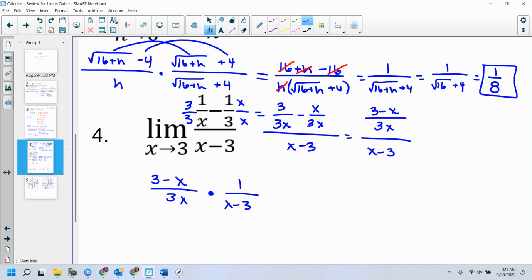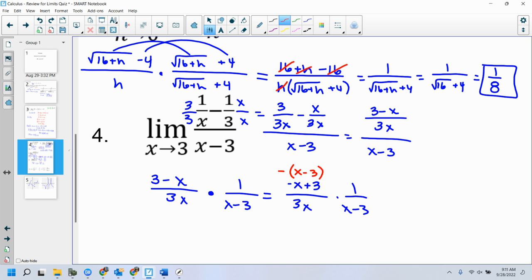And it's like, oh, I really want to cancel that. Oh, wait a sec. If I just flip this around, that's equivalent to saying negative x plus 3 over 3x times 1 over x minus 3. I can factor out a negative there. Can't I make that negative x minus 3?